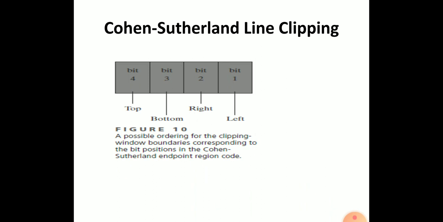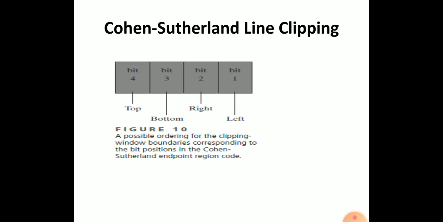For example, you can see that we have 4 bits, starting from right to left. Bit number 1 represents the left. Bit number 2 represents the right. Similarly, bit number 3 represents the bottom. Bit 4 represents the top. So this is how the region codes are decided.